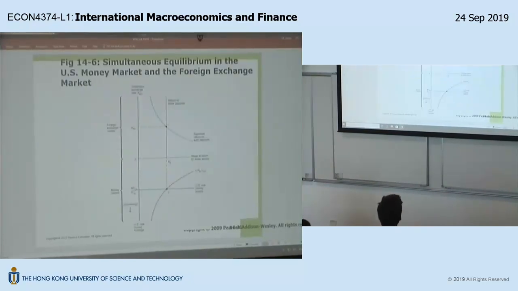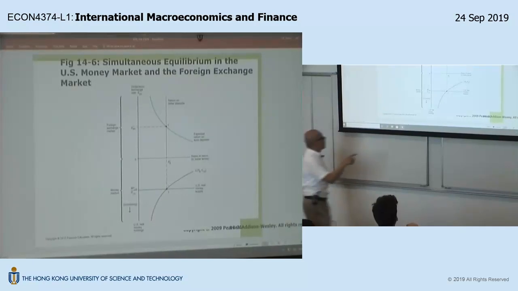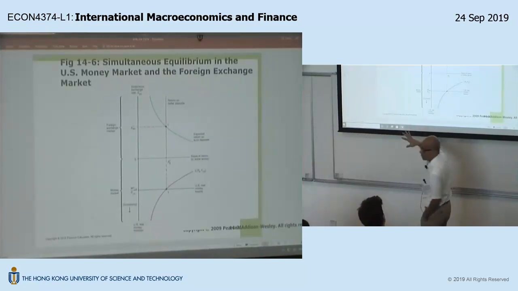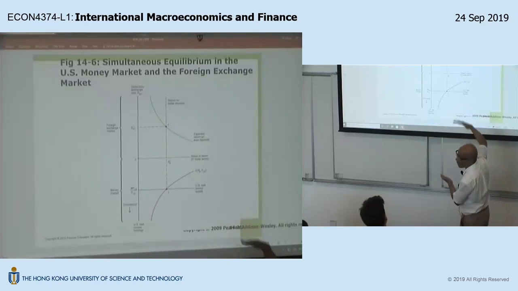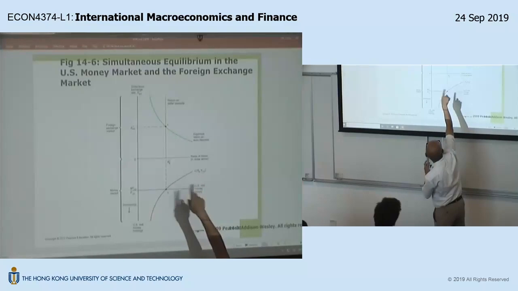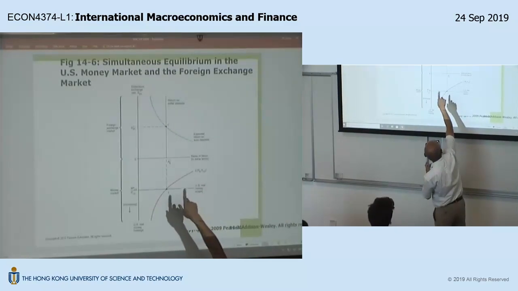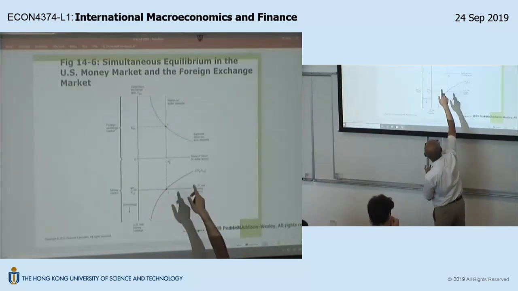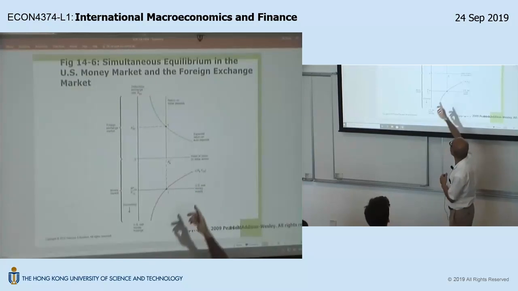So diagrammatically, it looks like this. Now we have two diagrams. We just put together the two diagrams. The top panel is the diagram that you have seen in the last chapter.